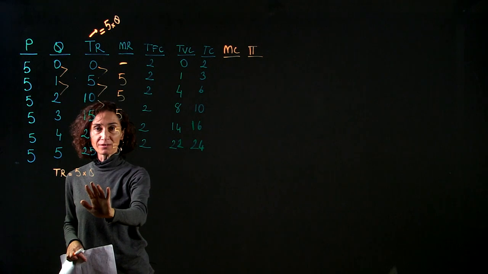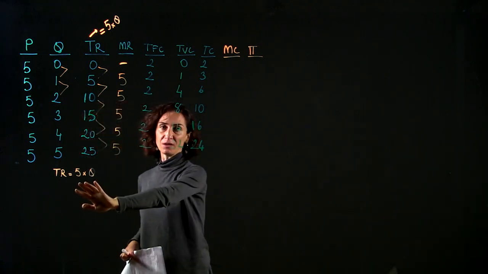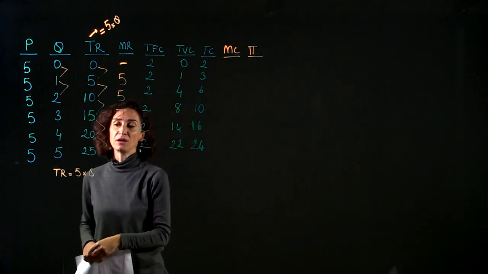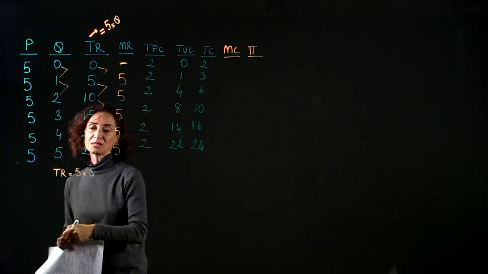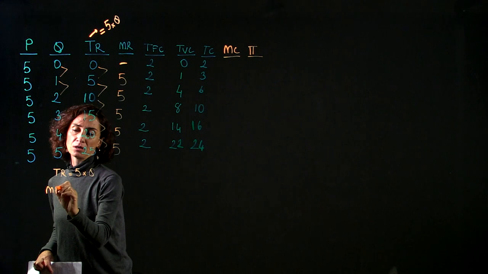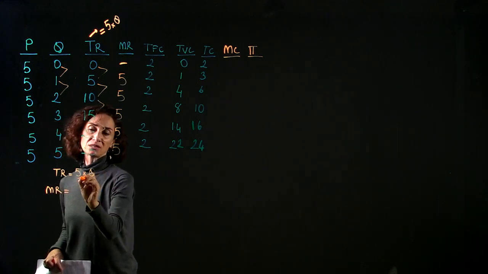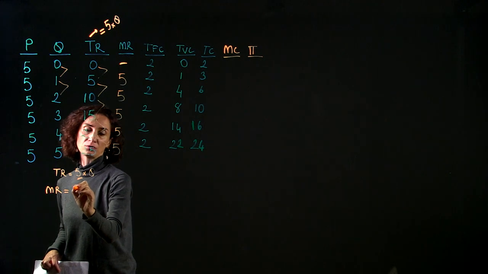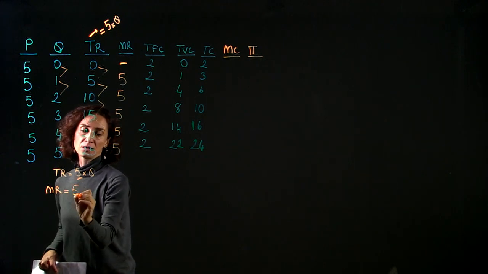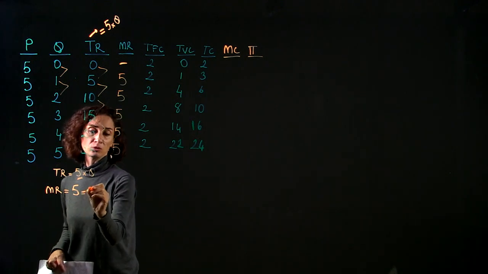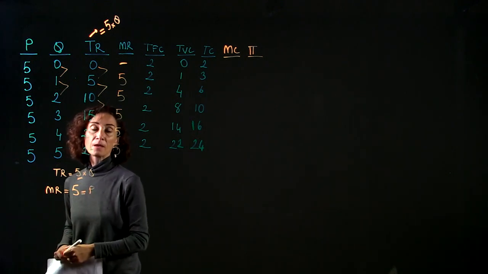You can show it using a very simple derivative. Marginal revenue is the derivative of total revenue with respect to Q, so it is the coefficient of Q. Marginal revenue is 5, which is equal to price.